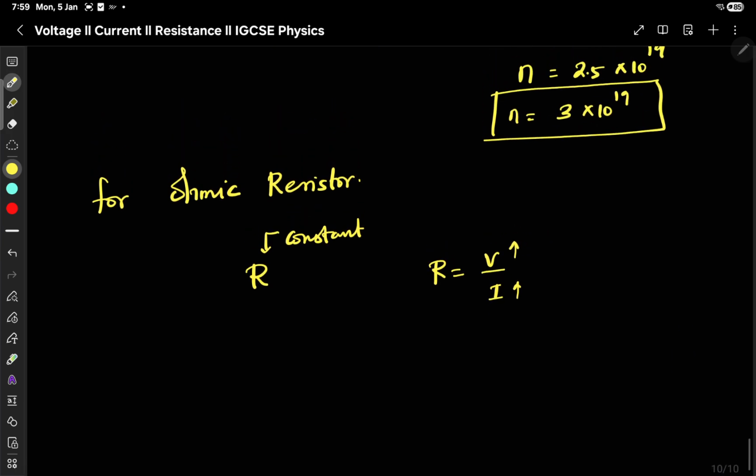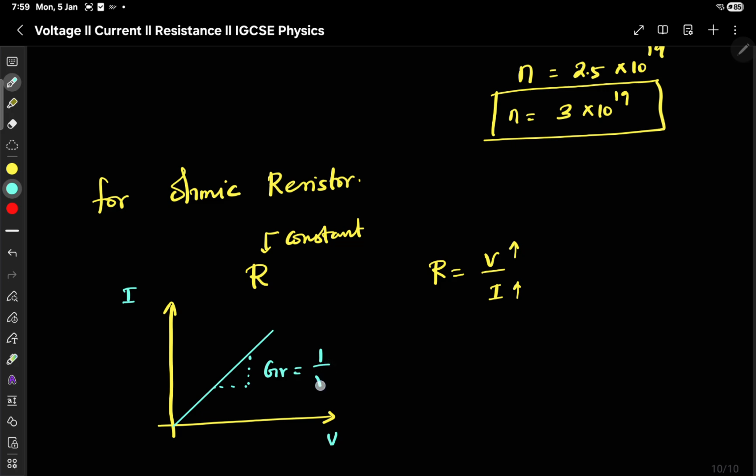If you see the graph for a perfectly ohmic resistor, it will be a straight line. Say this is V and this is I. If I take the gradient of this, I get I over V, which is equal to 1 over resistance, so the reciprocal of that gradient gives me R. So 1 over G is equal to R.